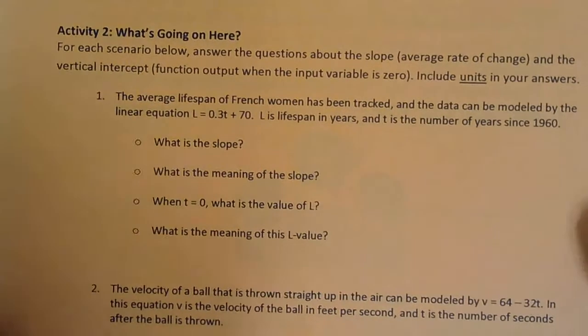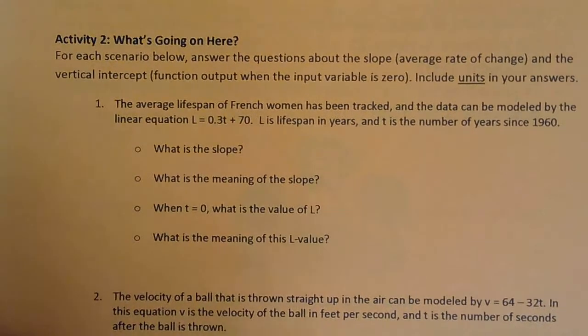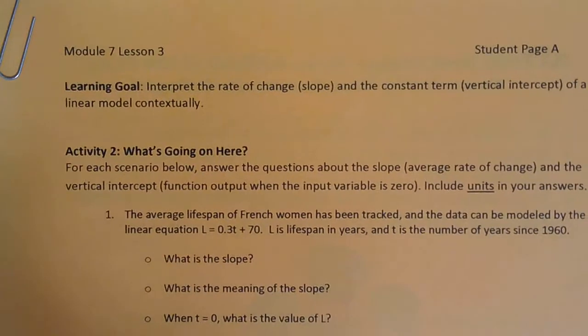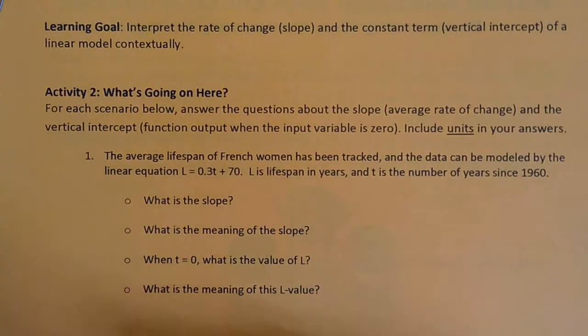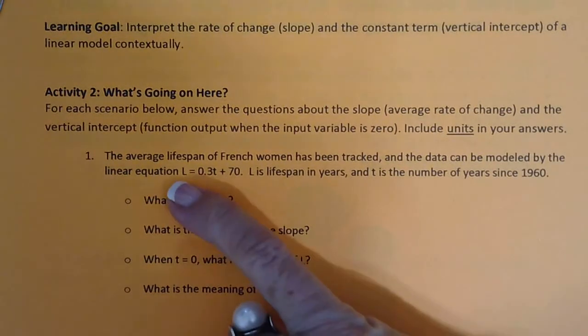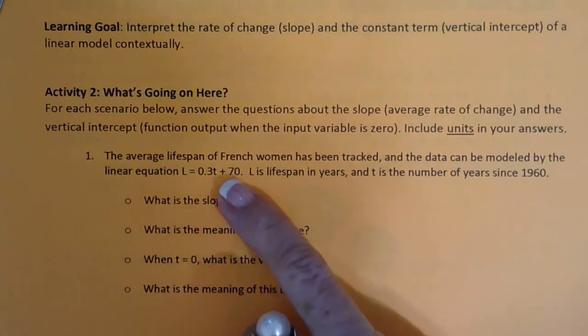So on page 3, we're interpreting rate of change and the constant term, which is the vertical intercept. In other words, we're interpreting the m and the b in an equation. So we want to know what they mean. Remember, y equals mx plus b.